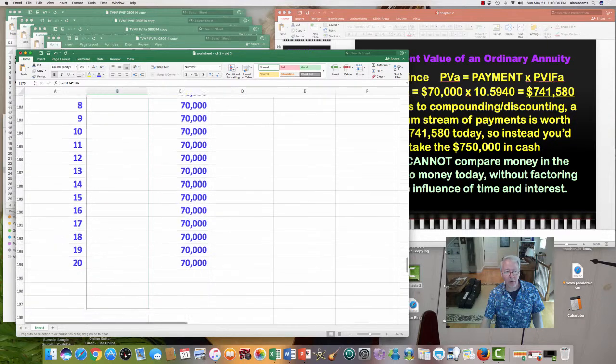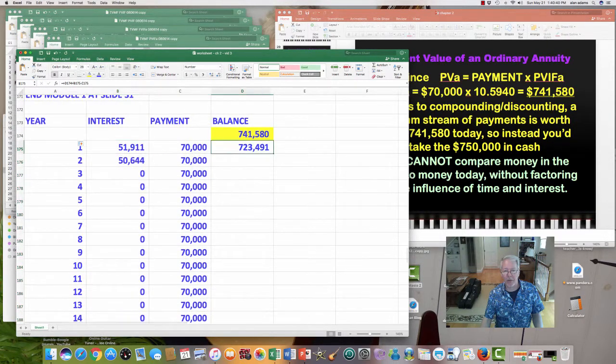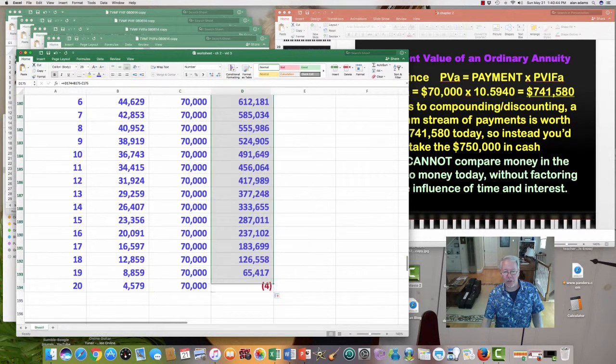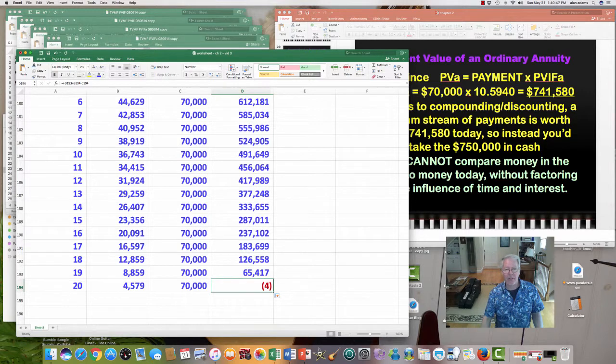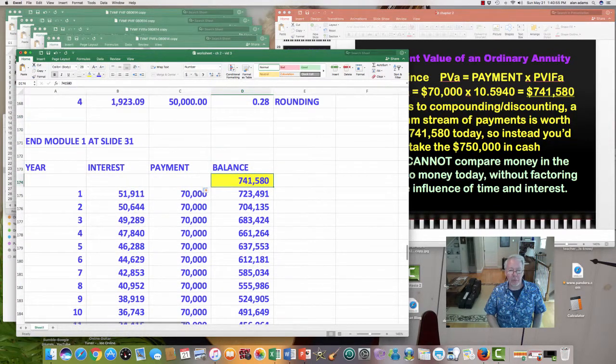If these numbers don't work, I will check them and repost for you because I sometimes make an error on the fly here. And this number should have exhausted itself, and it does. There it is. The annuity will have used itself up. I have just proven to you that $741,580 is what that stream of 20 payments of $70,000 is worth to you today.